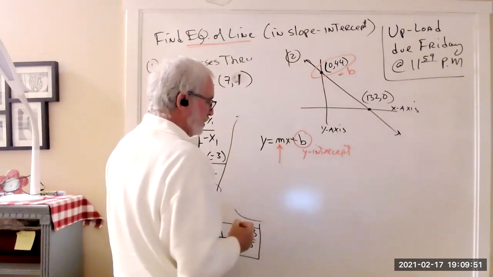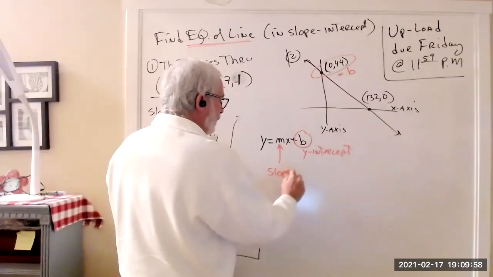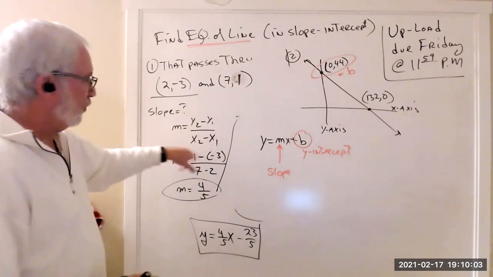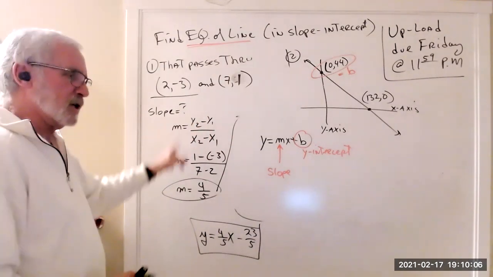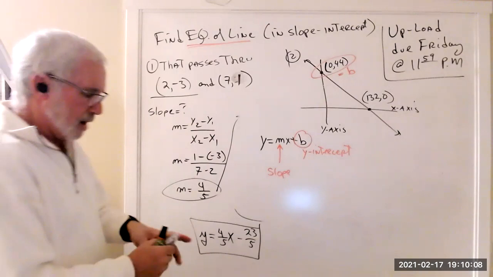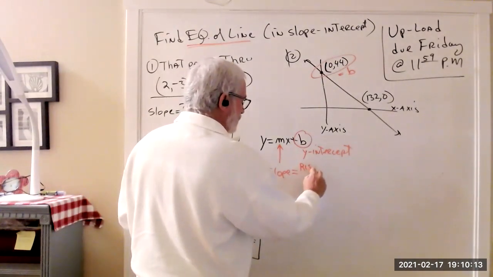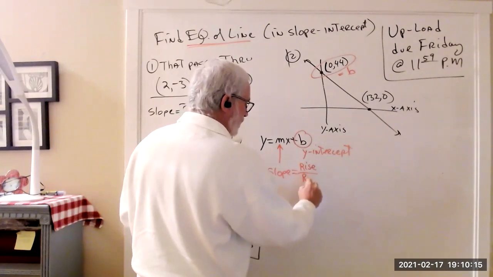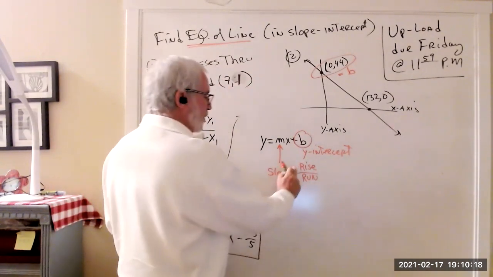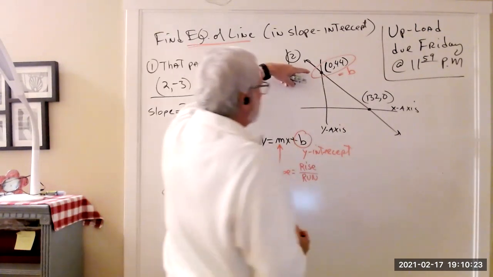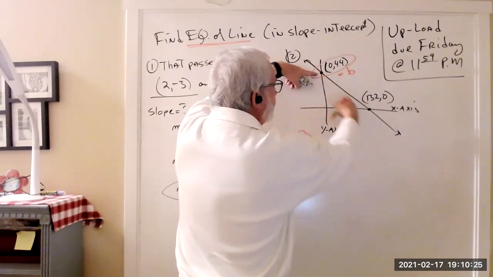stands for what? Anybody? The slope. Now, there's a bunch of ways that we can think of the slope. We have this formula, y sub 2 minus y sub 1 over x sub 2 minus x sub 1, blah, blah, blah. But we've also thought of slope as rise over run. So if I look at this problem here and say, how did I go from this point to this point?